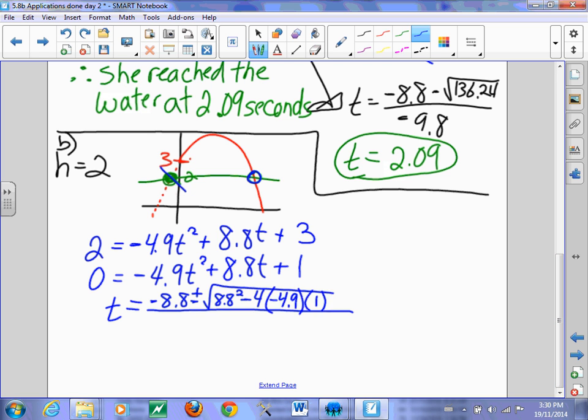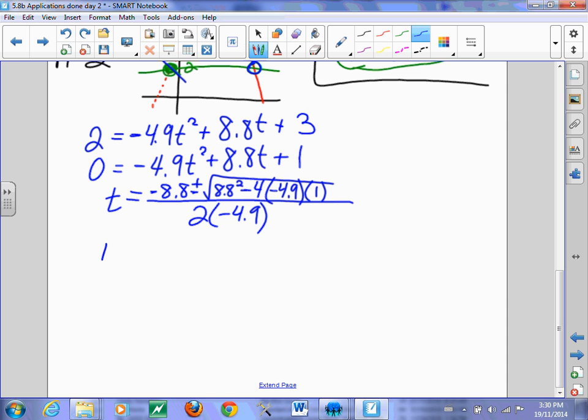And it's all divided by 2 times negative 4.9. All right, use your calculator. Make sure you keep it with you, guys. Simplify the square root, plug it in, and you should get 97.04. And the denominator, again, is 9.8.